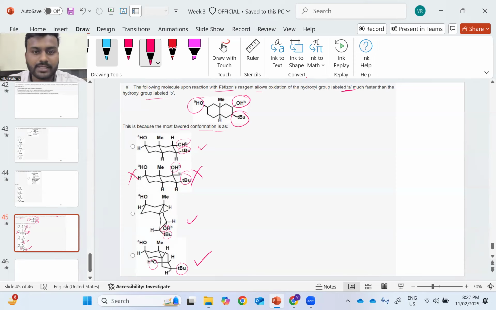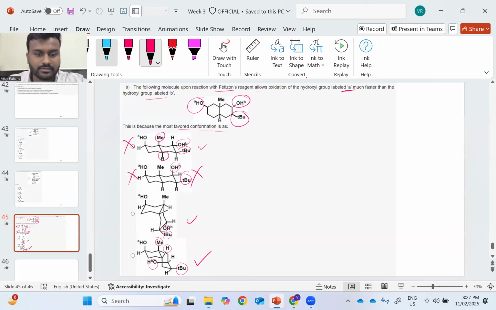Again, if you look at this methyl and the hydrogen, they are also syn to each other because both are shown by the beta bond. In this case the methyl is directed upward and the hydrogen downward, so obviously this conformation is wrong. Hydrogen and methyl are on the same side, right?